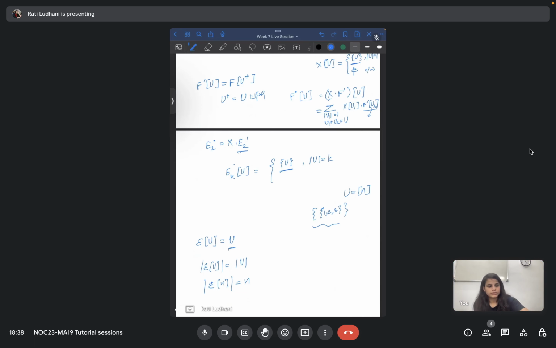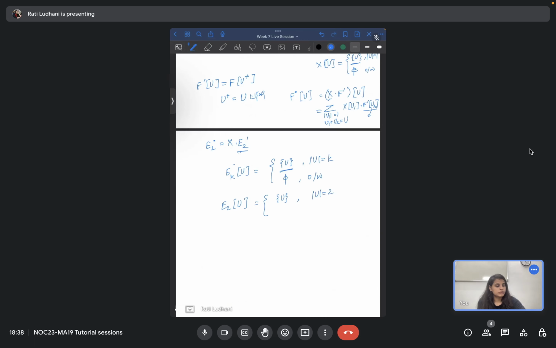Okay, let's see what do we have. So this is the singleton set containing U, and this will be phi otherwise. Exactly. So here E2 of U will be what? This is just cardinality. So the singleton set containing U if it has cardinality 2, and phi otherwise. There is no other structure.